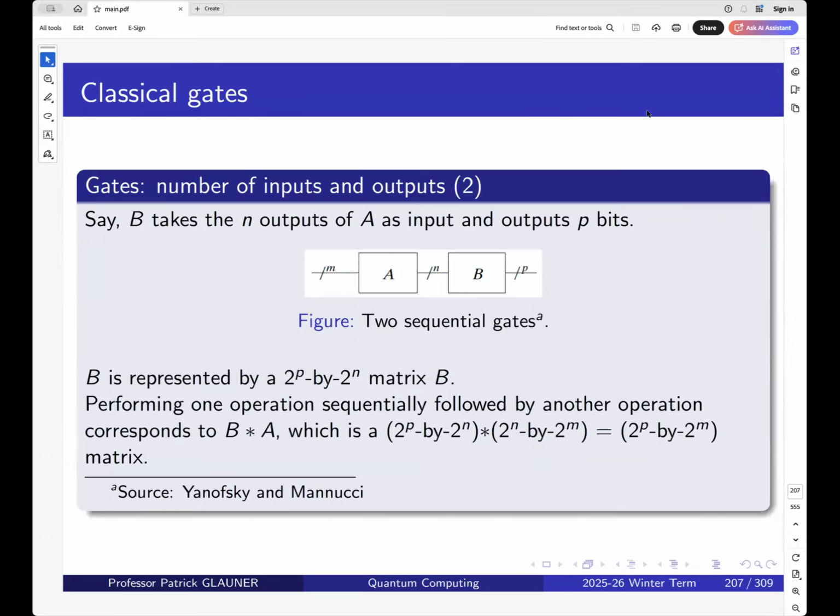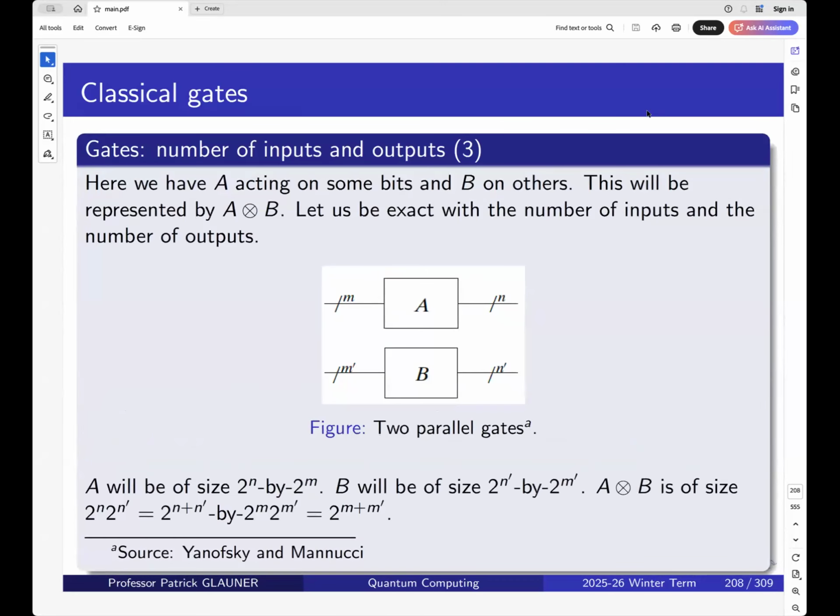Now, as we have built sequential gates, we can also think about parallel gates in our circuit. So we have two parallel gates, A and B, and A has n many inputs, B has m prime many inputs, and n many outputs and n prime many outputs.